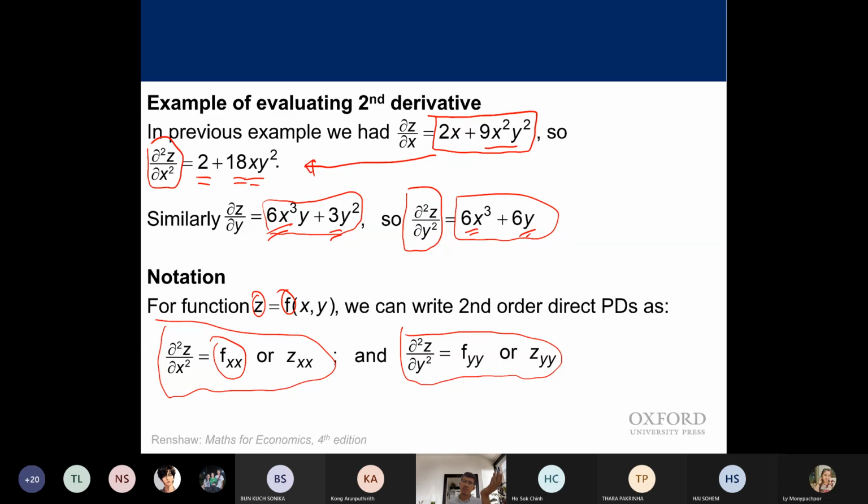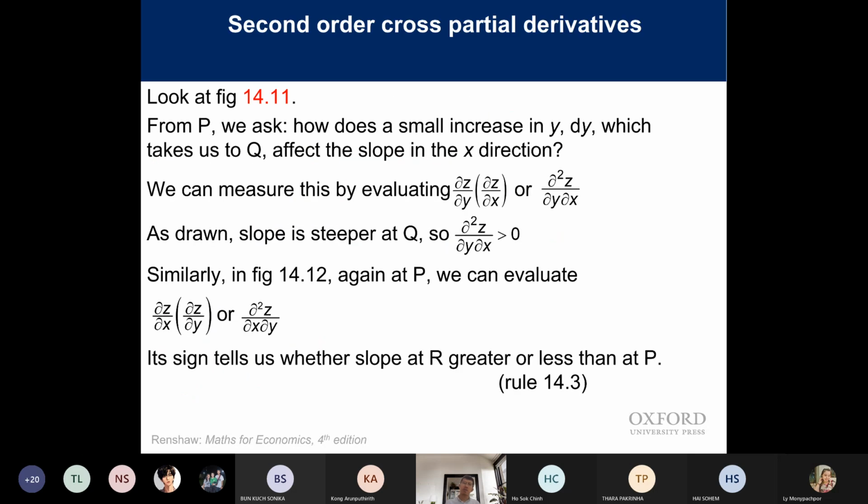By the way, calculation is one important thing, but interpretation is still the most important thing that we will need when it comes to application. Rather than thinking of differentiation with respect to x or with respect to y, you will have something more that we call the cross partial derivative.